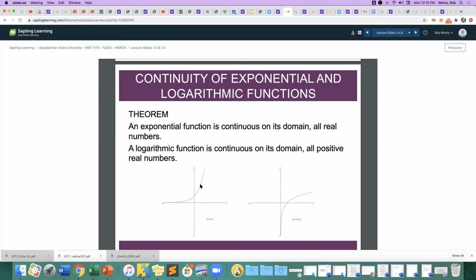Remember, if you have log, that's 10 to the x. We're going to be working with e to the x mostly. Exponential functions are usually going to be e to the x. But if you've got 10 to the x, what does that give you? If f of x equals 10 to the x, you plug in 0 for x, you get 10 to the 0, which is 1.